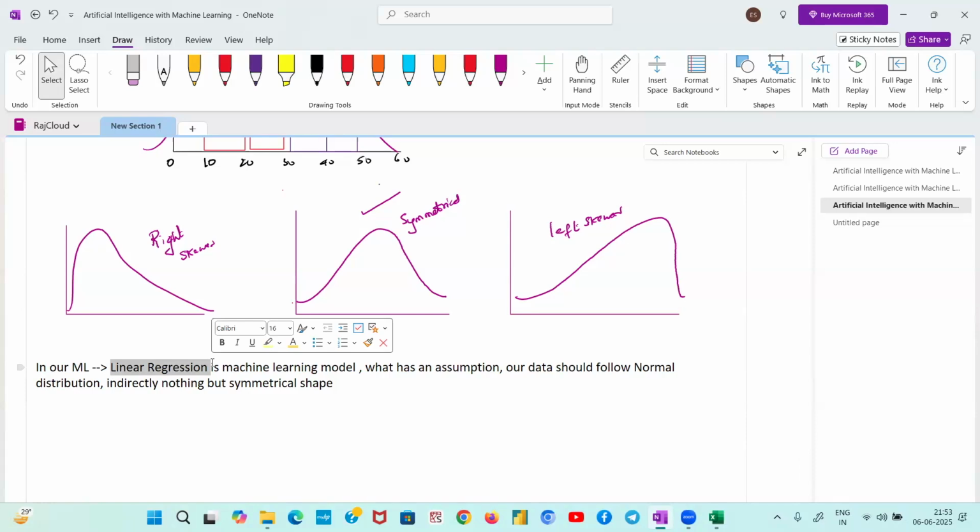Symmetrical shape. If you ask me what is symmetrical shape, if I know what is histogram, then only I can make you understand what is symmetrical shape. That's why statistics fundamentals are important here, because connectivity is there in handling the analysis, in identifying the best machine learning models. Is everyone understanding what I meant to say?